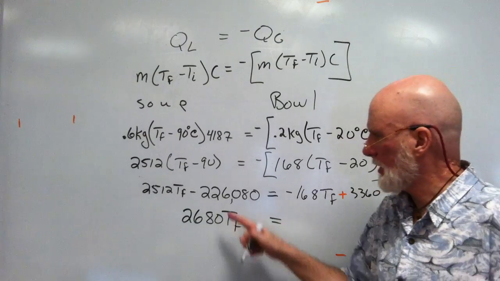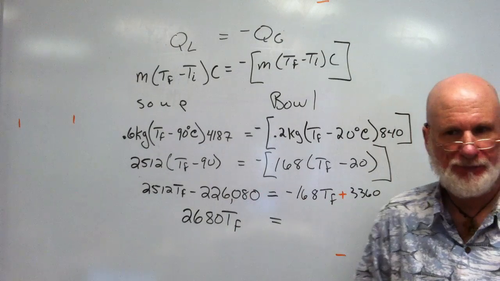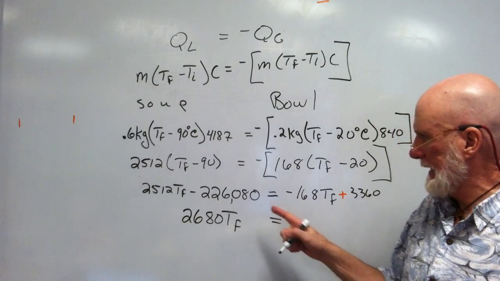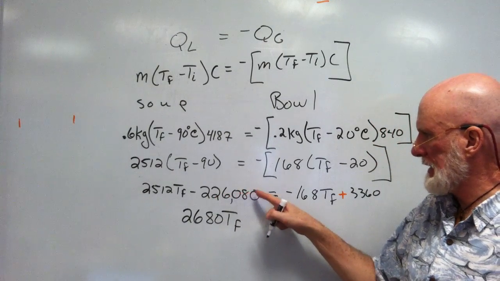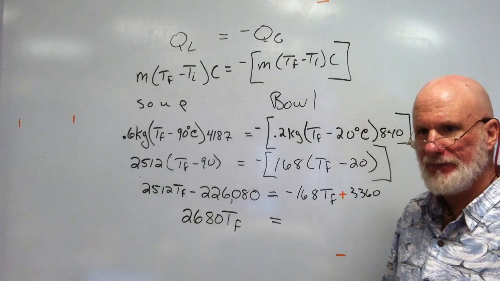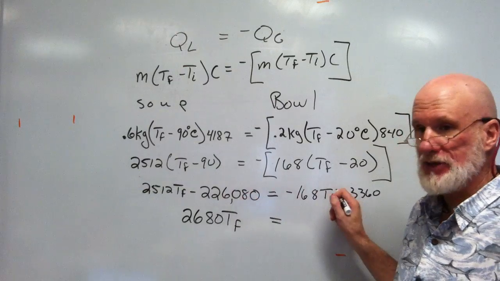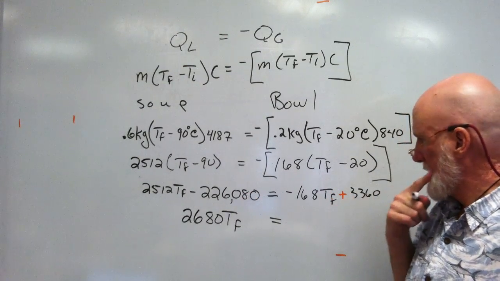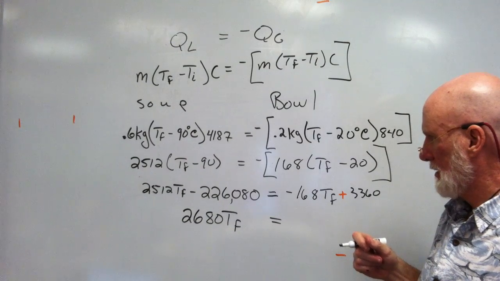So you're actually subtracting negative 3,360 from 226,080, since you canceled out the 168.